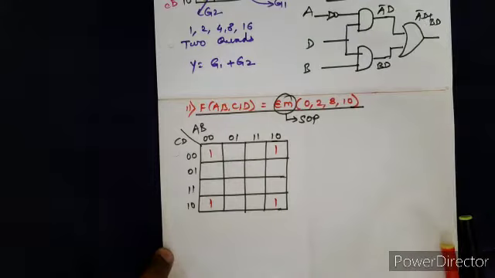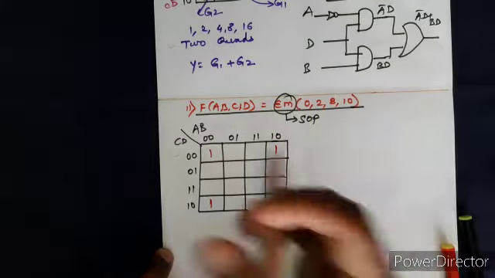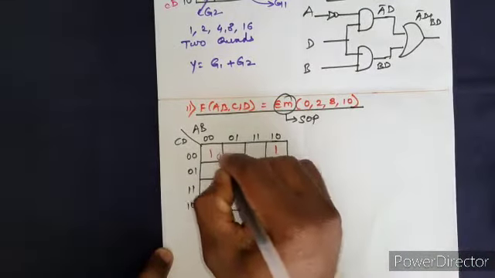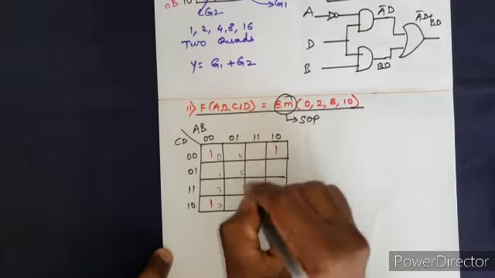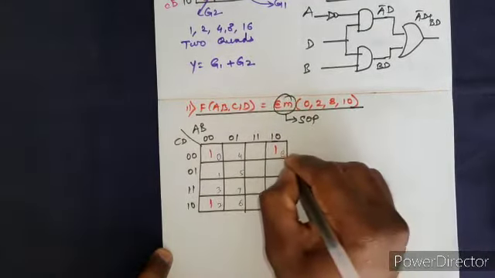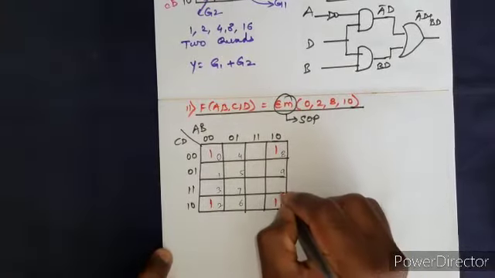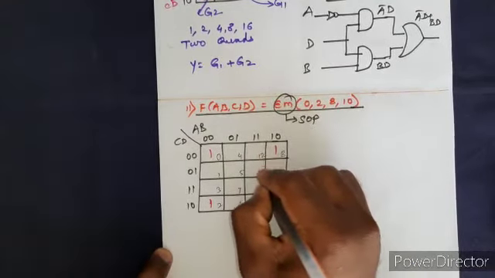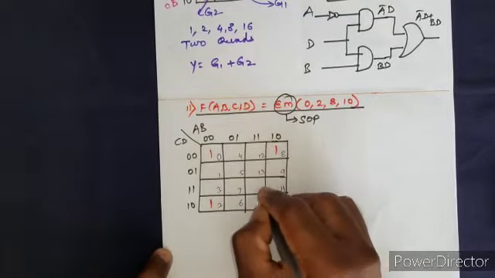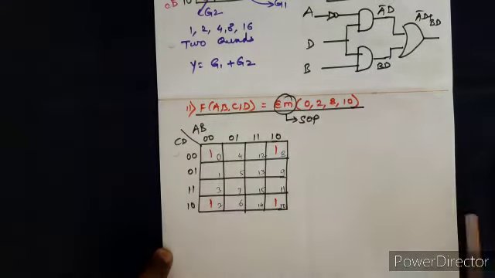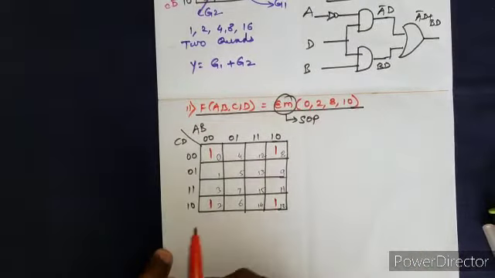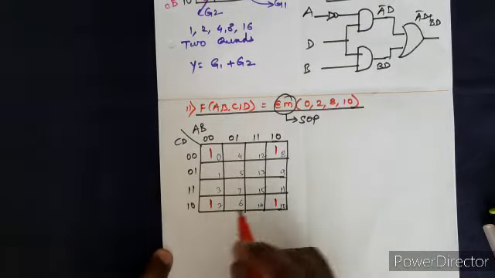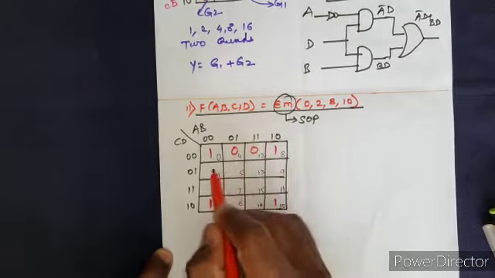Okay, so I can again number here just to make it simple. 0, 1, 2, 3, 4, 5, 6, 7, 8, 9, 10, 11, 12, 13, 14, 15. Okay, so now you can see all the corners are being caught here, others are 0.